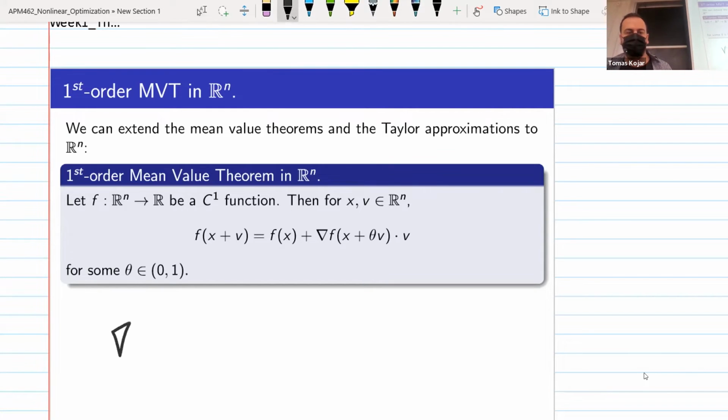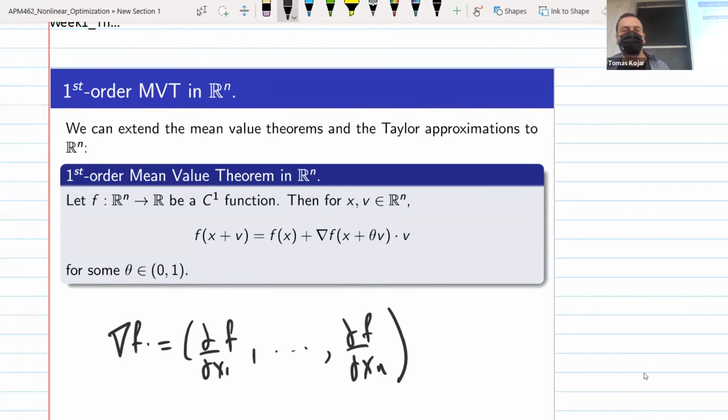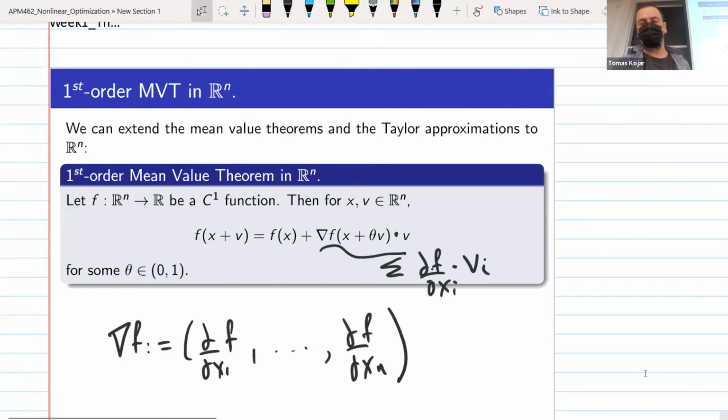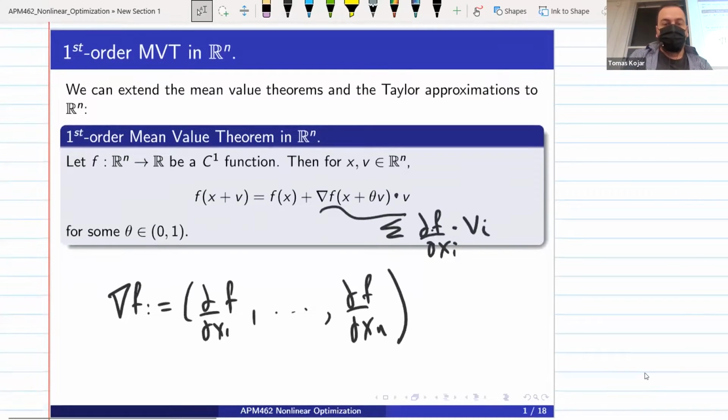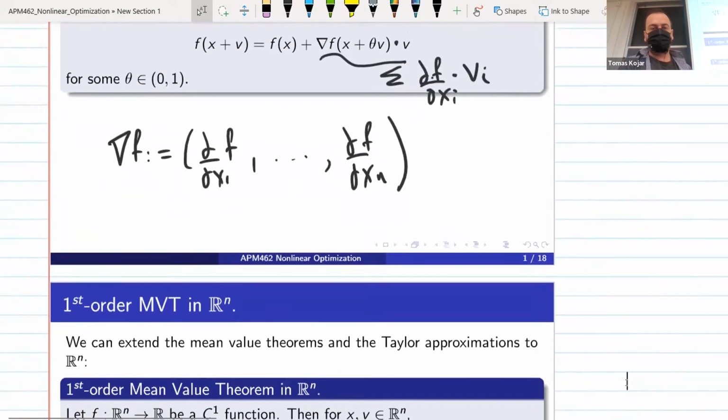Just to remind you, the gradient of f is equal to the partial derivatives in x1 through xn of f. Dot means dot product. So this notation means the summation of partial fi dotted with vi. Just a quick refresher.